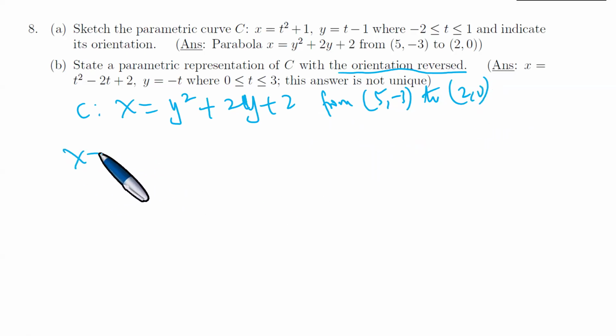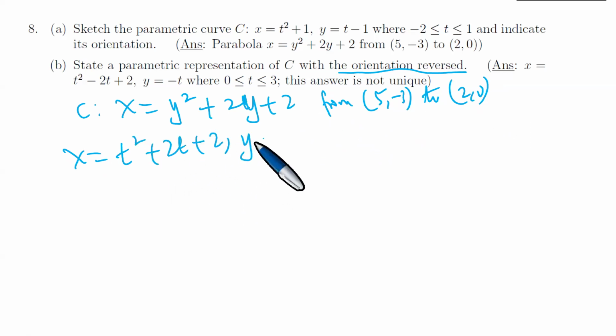So you can decide to say x is t squared minus 2t plus 2, y is minus t. Y becomes minus t.